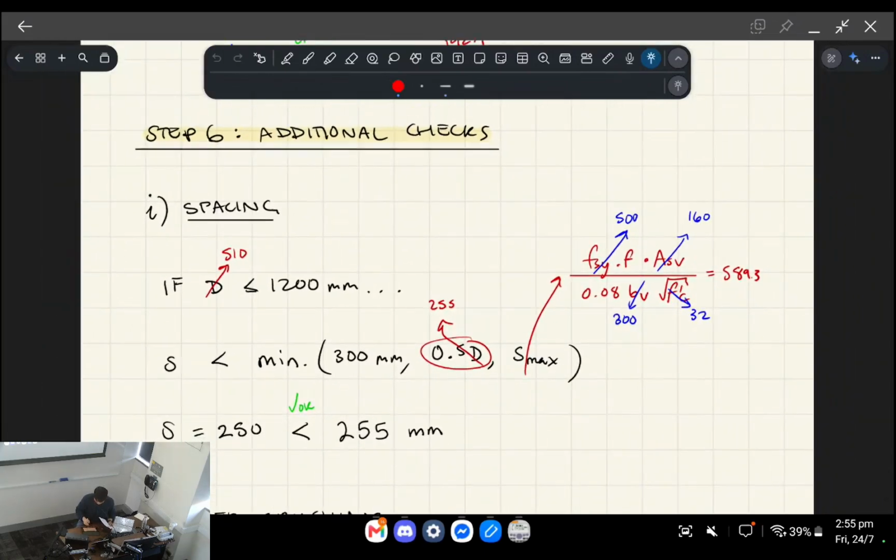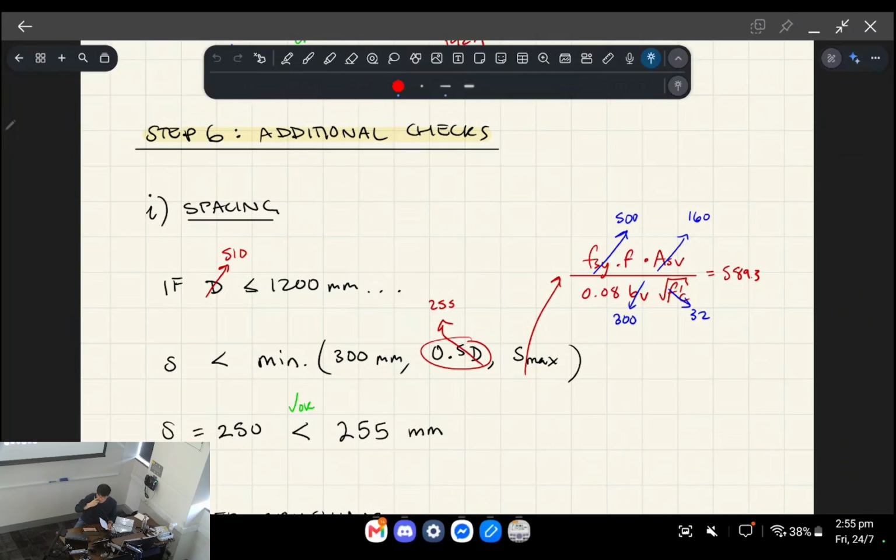There's your spacing check. So I'm going to scroll down here. On the left screen, what you'll see is my notes. The spacing check depends on your beam size. If your beam is less than 1200 mil deep, as is the case for us, where our beam is 510 deep, then our spacing has to satisfy these 3 values. The first value is 300 mil.